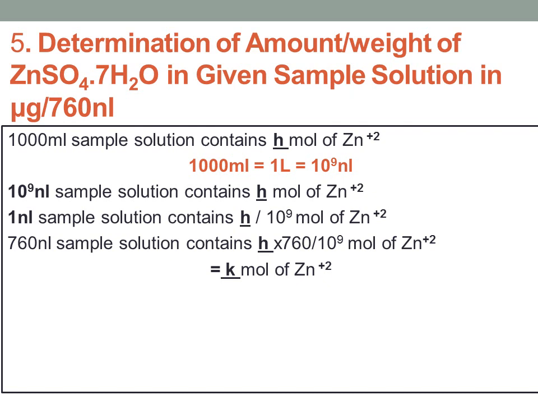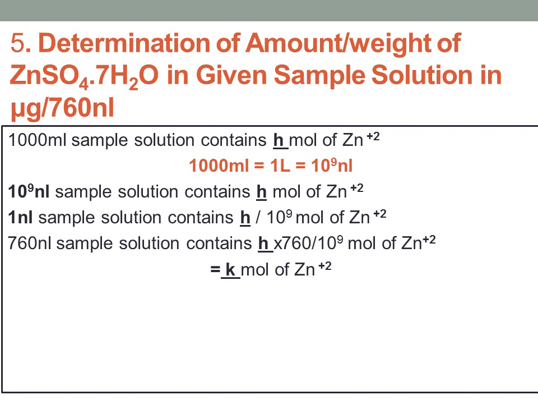That means either you write 1000 ml, or you write 1 liter or you write exponent 9 nanoliter. All are the same. That means जो हमारे पास H मोल ऑफ जिंक प्लस 2 आए हैं 1000 ml के अंदर वही एक्चुअली क्या है 1 लीटर में है, वही एक्चुअली एक्सपोनेंट 9 नैनोलीटर वॉल्यूम में है. So we can say that exponent 9 nanoliter sample solution contains H mole of zinc plus 2.